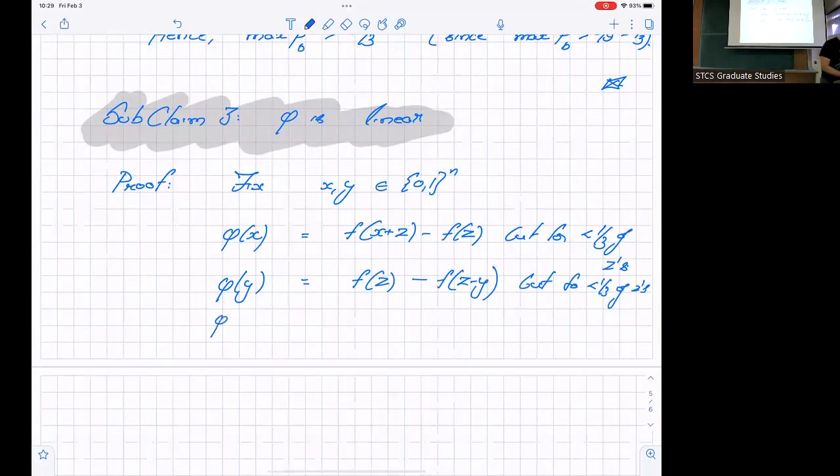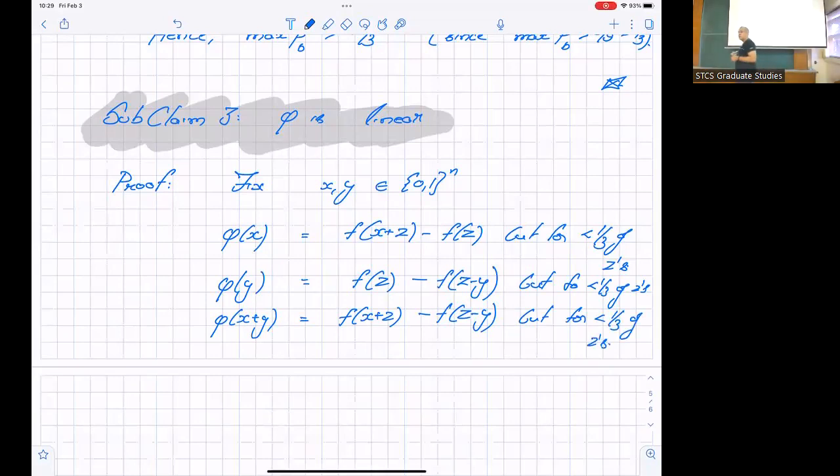And phi of x plus y is equal to f of x plus z minus f of z minus y, but for less than 1/3 of the z's. This is just using the fact that if z is random, a plus z is random. So all of these statements are true.